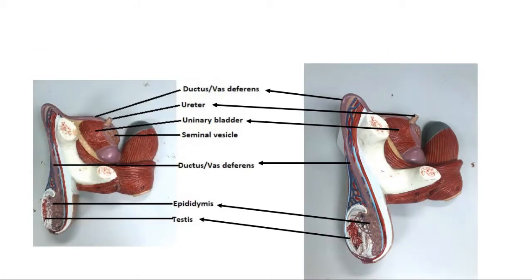This is the male reproductive system, where you are seeing the testes and epididymis. Everything will be taken in the lecture class. The only thing is, by taking these slides, you have to remember the parts. Just remember the labelings: what are these labelings and where are they present?